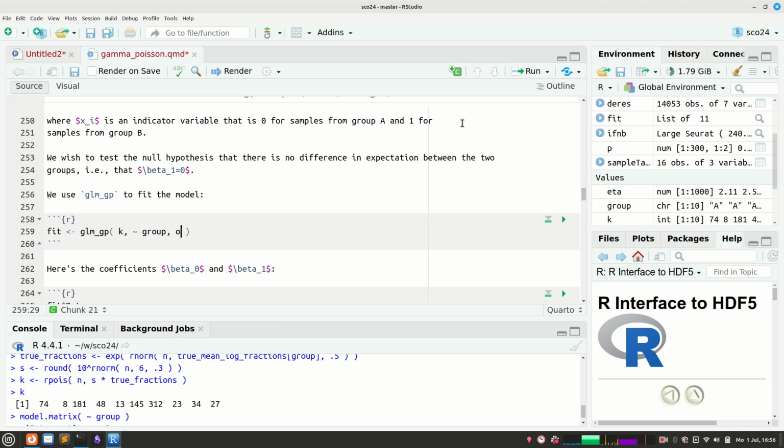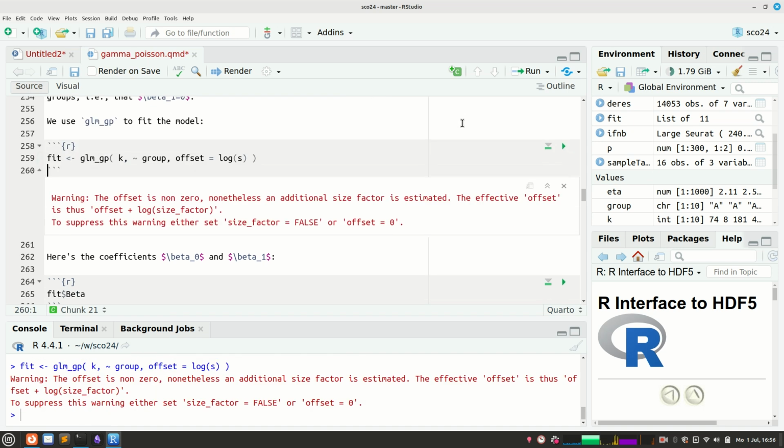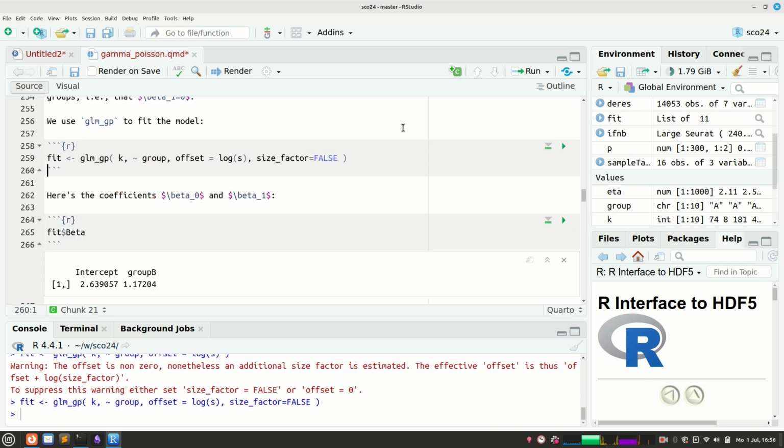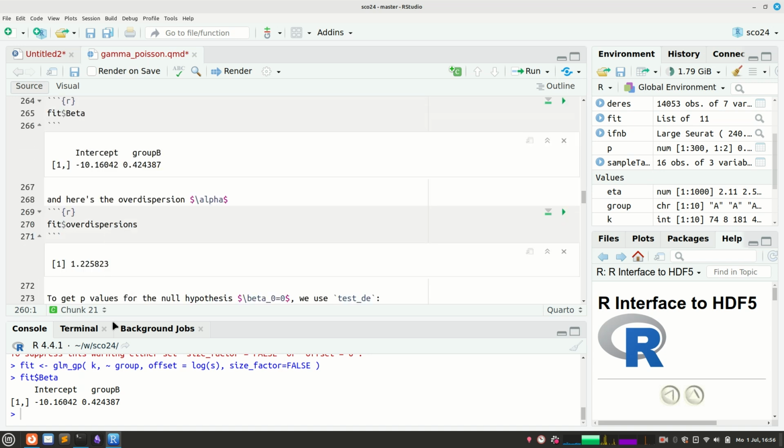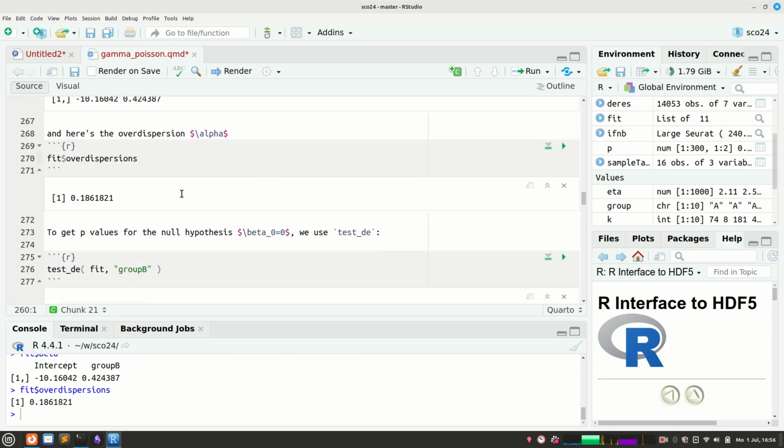So let me add here, comma, offset equals log S. It has some clever function to automatically estimate the offsets itself, but I want to switch it off and just use the S as offset, as before. And if I now do this, I now get here my beta values, and I get my over-dispersion value.